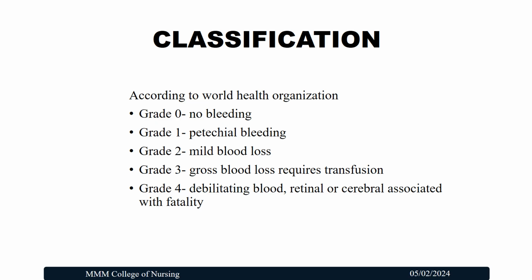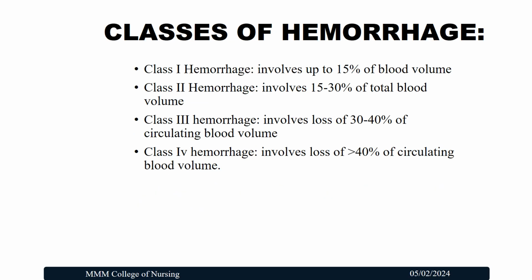Grade 2 is mild blood loss, and grade 3 there is a gross blood loss which requires the transfusion of blood, and grade 4 there is a rapid debilitating blood loss followed by retinal or cerebral associated hemorrhage, which will finally lead to fatality.